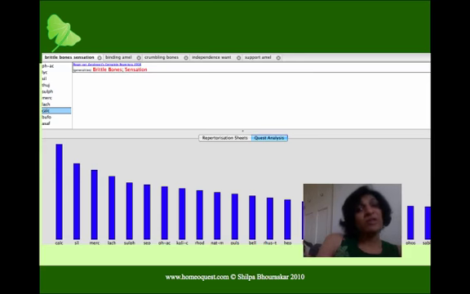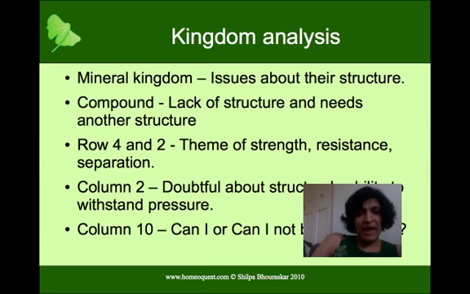However, I will also confirm it using kingdom analysis. Issues about structure point to the mineral kingdom. And this is a compound because it needs something to have stability. And it belongs to row 4 and row 2, because these rows have the themes of strength, resistance, and the theme of separation from loved ones.